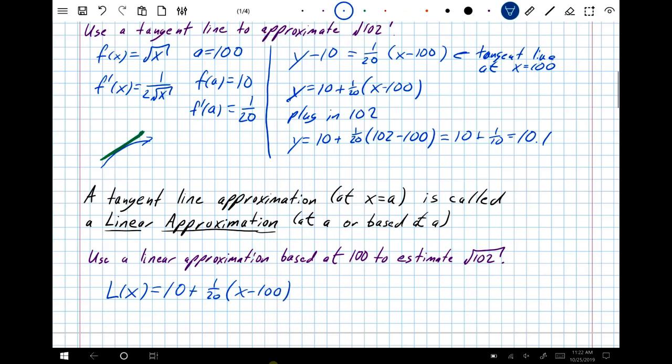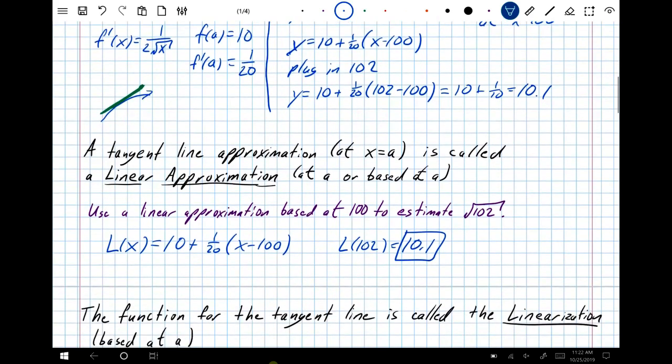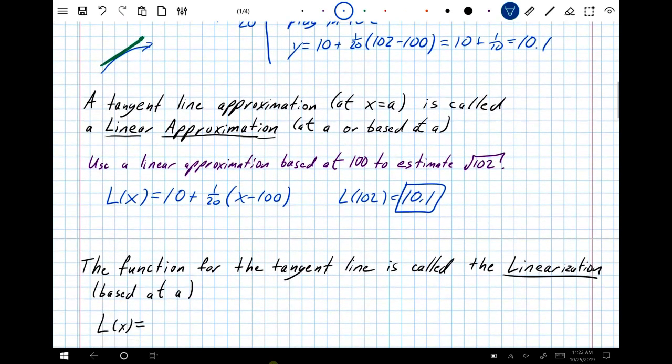So this is my new approximation function using a line based at x equals 100. So L of 102, we just said was 10.1. Boom. Ta-da! Nice. Good job. Let's keep going. We're on a roll here.